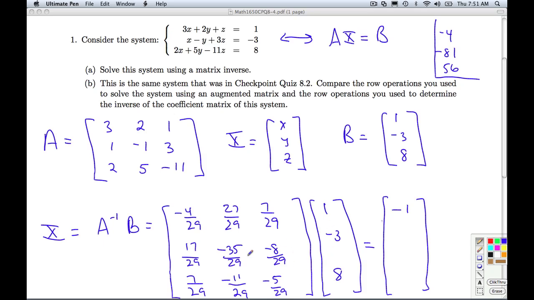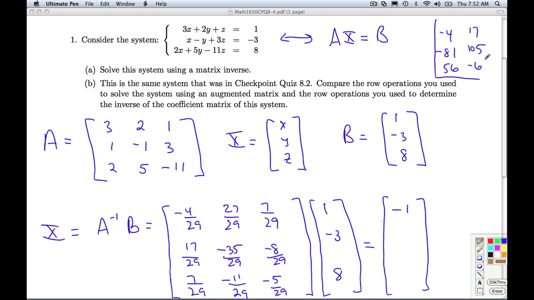Multiply the second row times the column. I've got 17. I've got a negative 35 times a negative 3. 3 times 35 is 90, and you add 15 to that, you get 105, and that's a positive 105. And then I have negative 8 times 8 is negative 64.